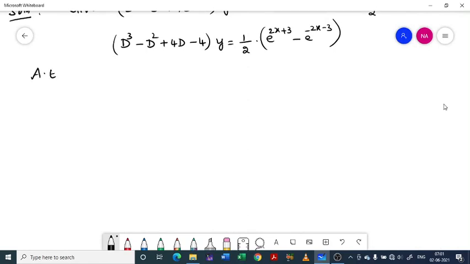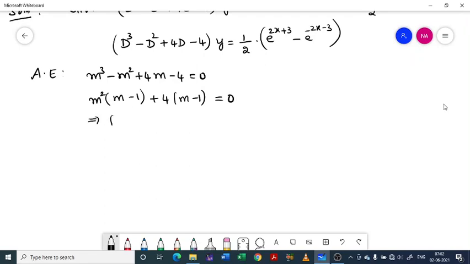Auxiliary equation is m cube minus m square plus 4m minus 4 equal to 0. That is the auxiliary equation, and taking m square outside, m square into m minus 1, and taking 4 outside, 4 times m minus 1 equal to 0.